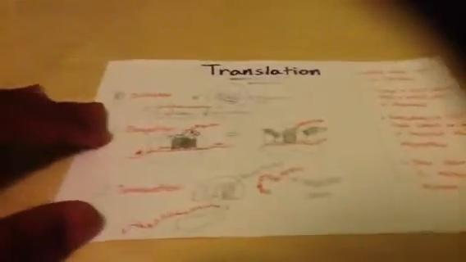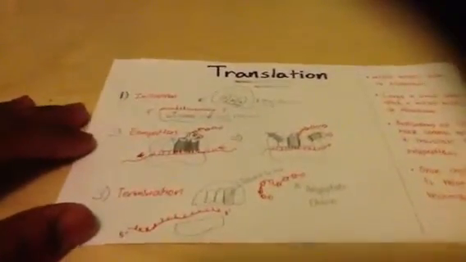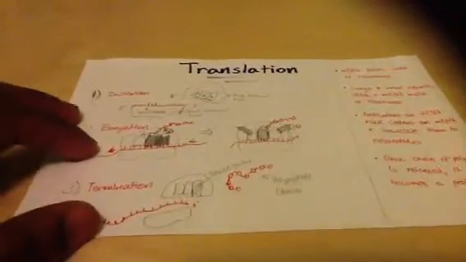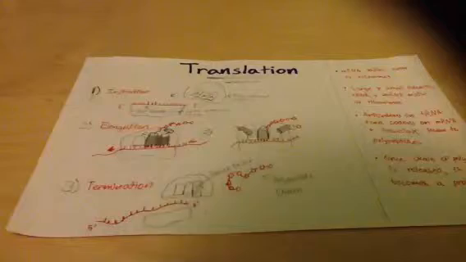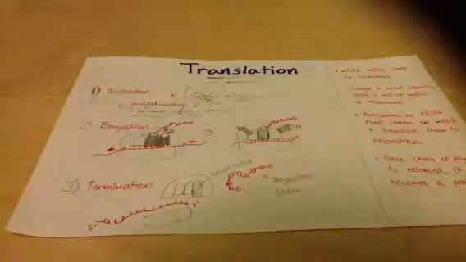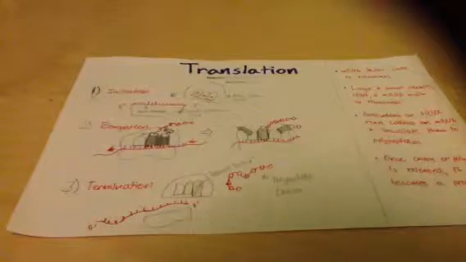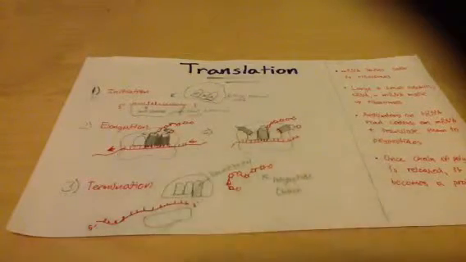Lastly, translation. What does it sound like? It sounds like translating, probably into a different language. It's simply going from the language of genetic code and nitrogenous bases to polypeptides and codons.